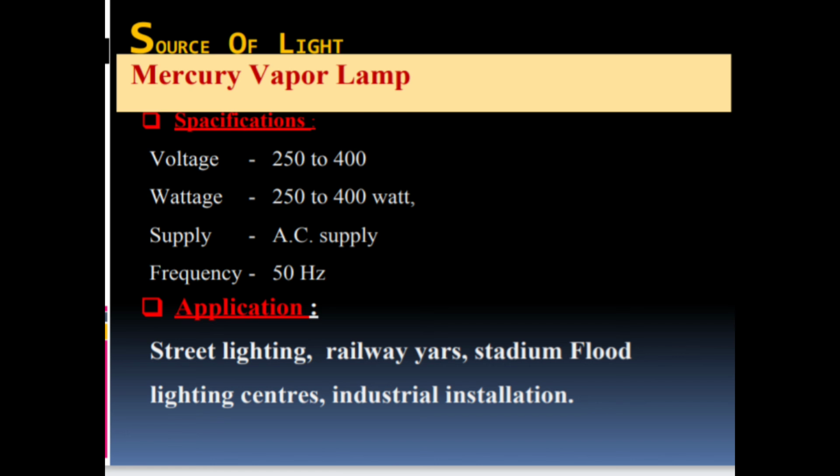The applications of fluorescent lamp are street lighting and industrial lighting, but the applications of mercury vapor lamp are street lighting also, railway yards, stadium flood, lighting centers, industrial installation. Questions are asked on the specifications of mercury vapor lamp. So this is very important. Note that.